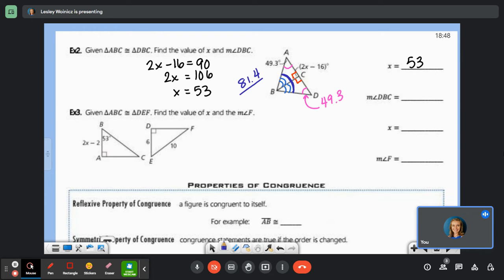But I don't want the whole thing. I just want half of it, right? So I'm just going to divide it by 2. And that should give me the measure of angle DBC. I got 40.7.